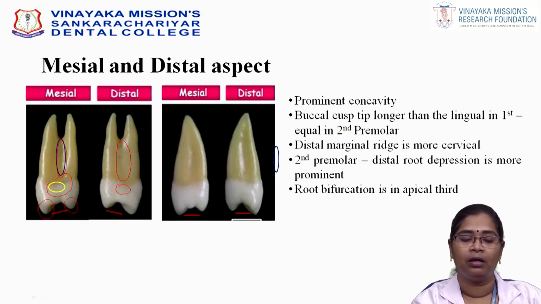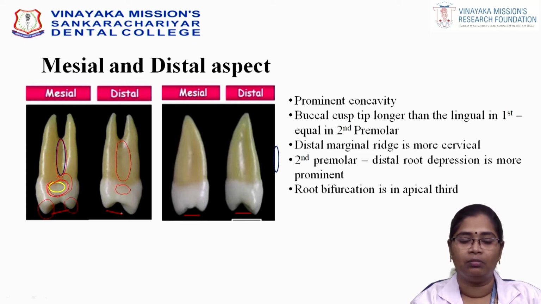So the crown portion of the canine is impinged over here. That creates a depression on the cervical portion, giving the name canine fossa for this depression in the maxillary first premolar on the mesial aspect. Okay, so this is another identifying feature for a right and left maxillary first premolar.